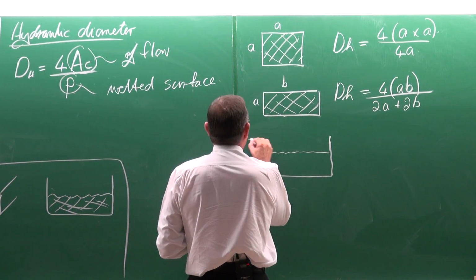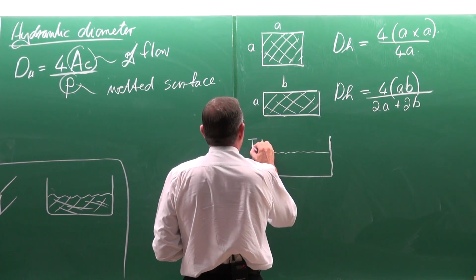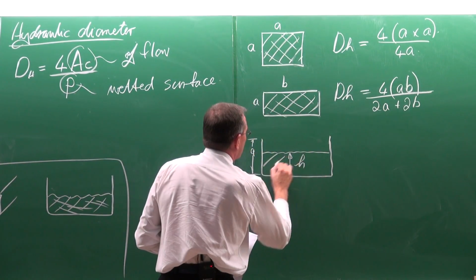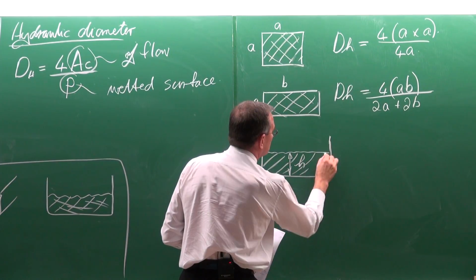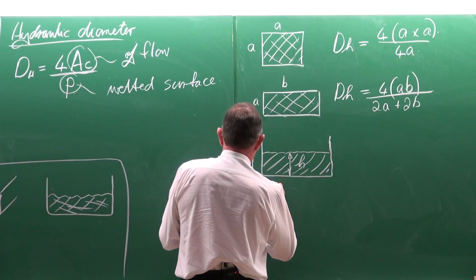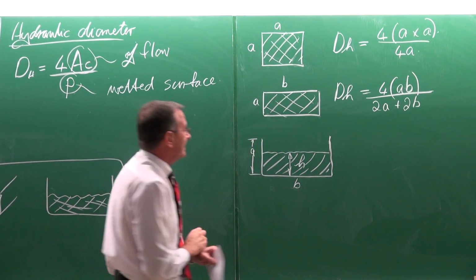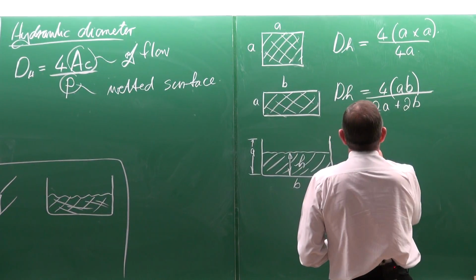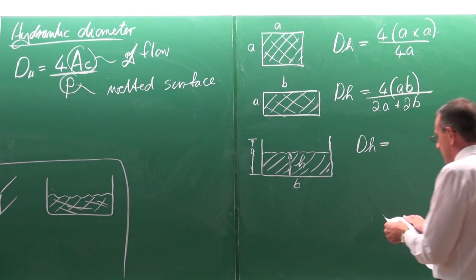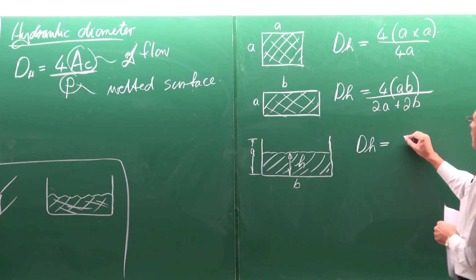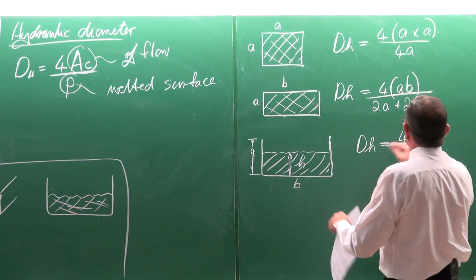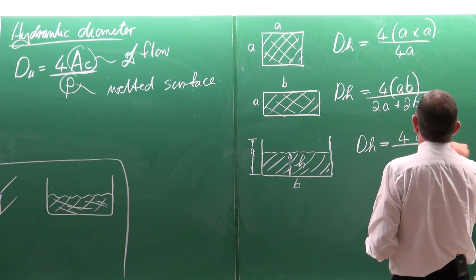So that length is A, that is H, and that is the fluid, and that length there is B. Then the hydraulic diameter is equal to 4 times the cross-sectional area of the flow, AB.